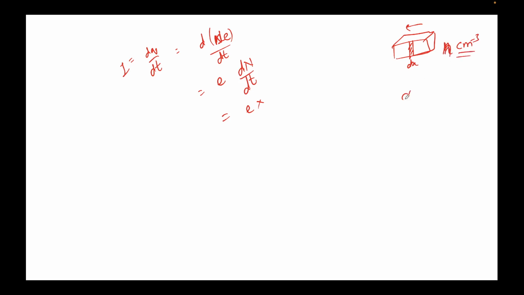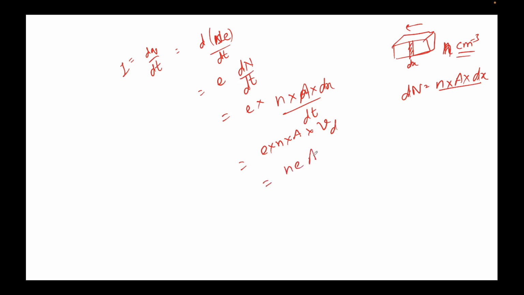So dN would be the electron density times the cross-sectional area times dx. Very simple. So dN over dt is n times A times dx over dt, and the current is e n A dx over dt. Dx over dt is nothing but the drift velocity, correct?